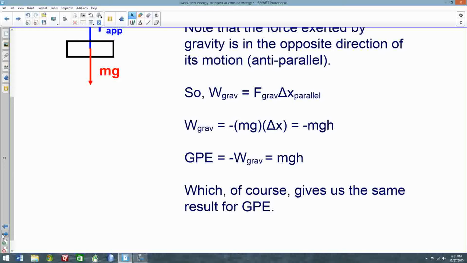So when we find the work due to the force of gravity, we end up with negative mgh. Gravitational potential energy is defined as the negative work done. If the work is negative mgh, and we take the negative of that answer, the gravitational potential energy would be mgh, a positive value.